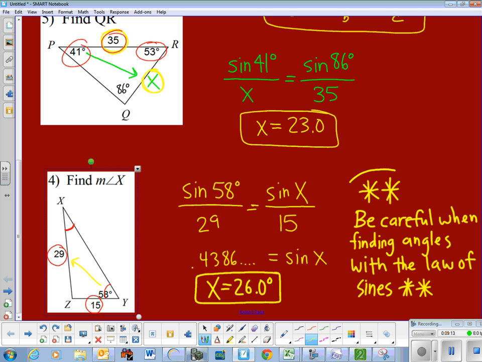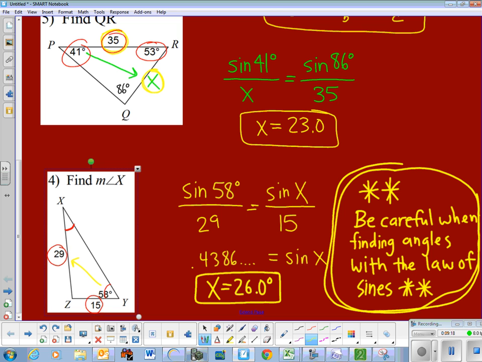Double starred, circled twice. All right, make sure that you have that and it's standing out in your notes.